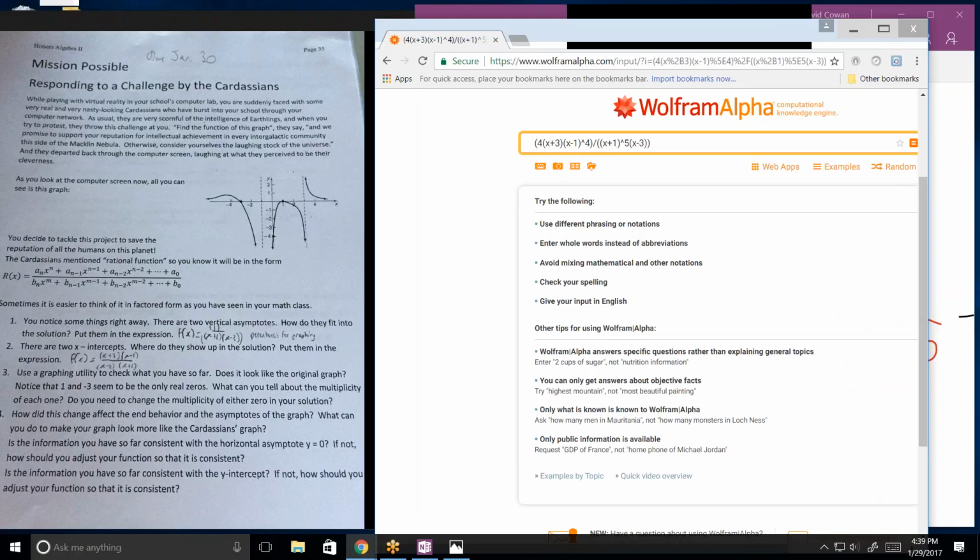Let me try putting that into my calculator real quick. I also was thinking I could make this 3 and make the other one 3. Let me try that real quick also. If I raise this to the 3rd power, that still gives us the bottom being bigger than the top.